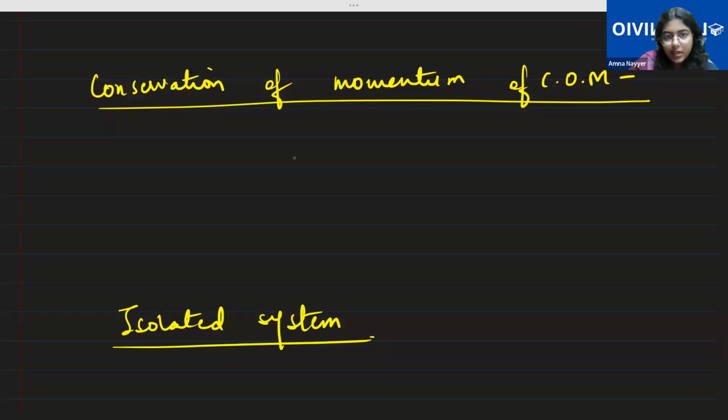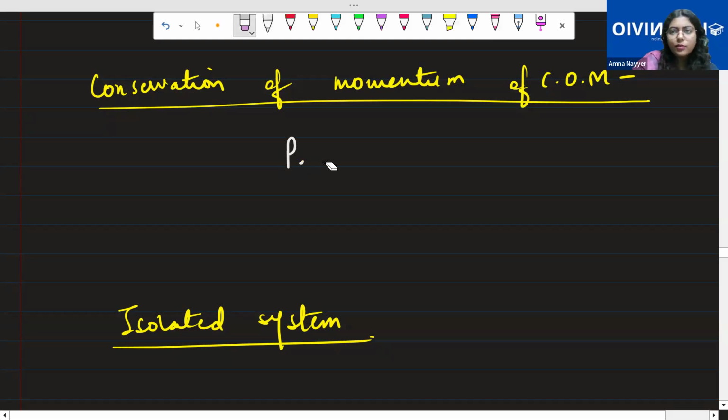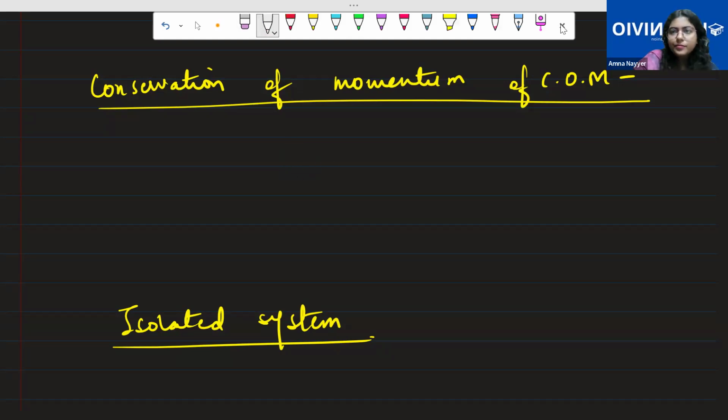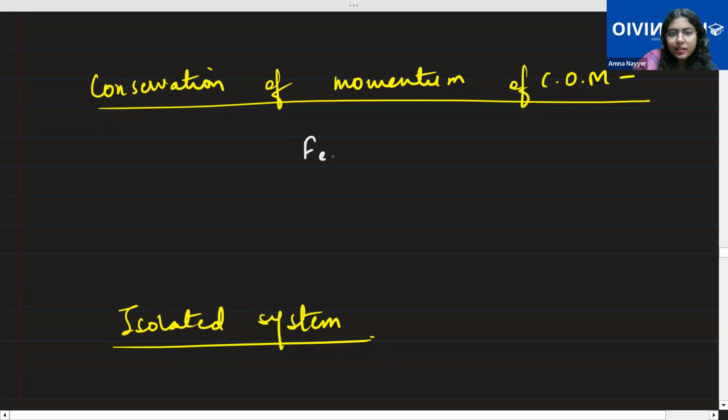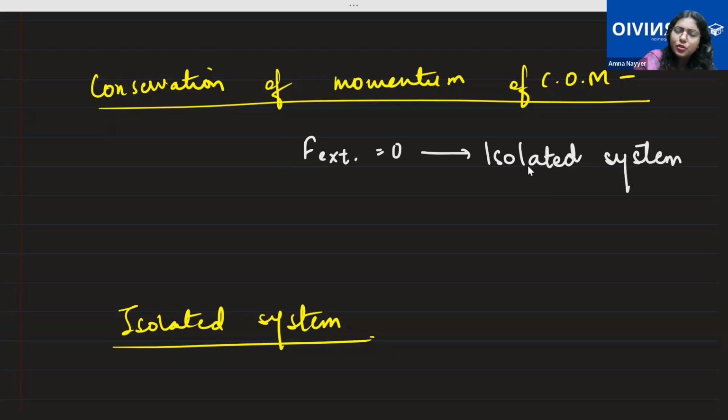Conservation of momentum of center of mass means the net external force is zero. This is also known as an isolated system. So in your exam, if the term isolated system is mentioned, just understand that external force is zero, because in NCERT this term is used in this context also.